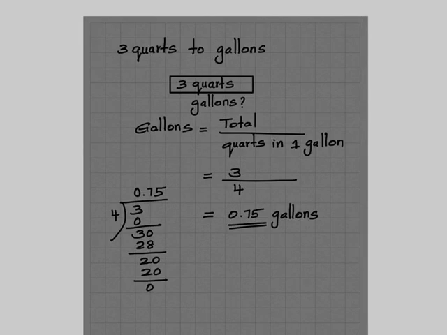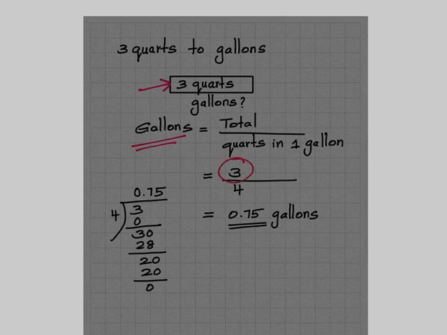So the next question, 3 quarts has to be converted to gallons. So we know that the total is 3 quarts and how much gallon it is. So to find the gallons, let's write the formula. Gallon equals total divided by quarts in 1 gallon. We know that there are 4 quarts in 1 gallon, right?